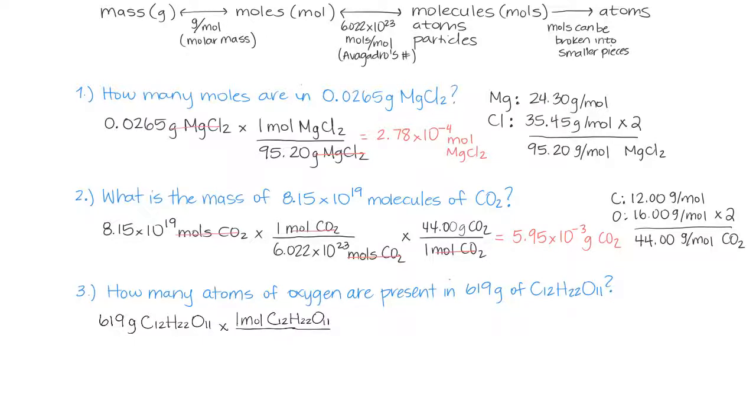So let's come over here. We know carbon is 12 grams per mole, and we have 12 of those. Hydrogen is 1 gram per mole. We have 22 atoms of hydrogen. And oxygen is 16 grams per mole. We have 11.